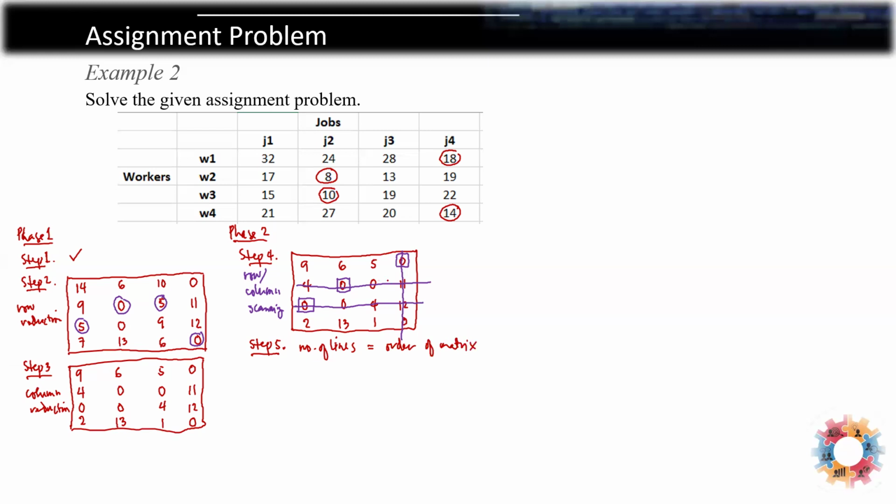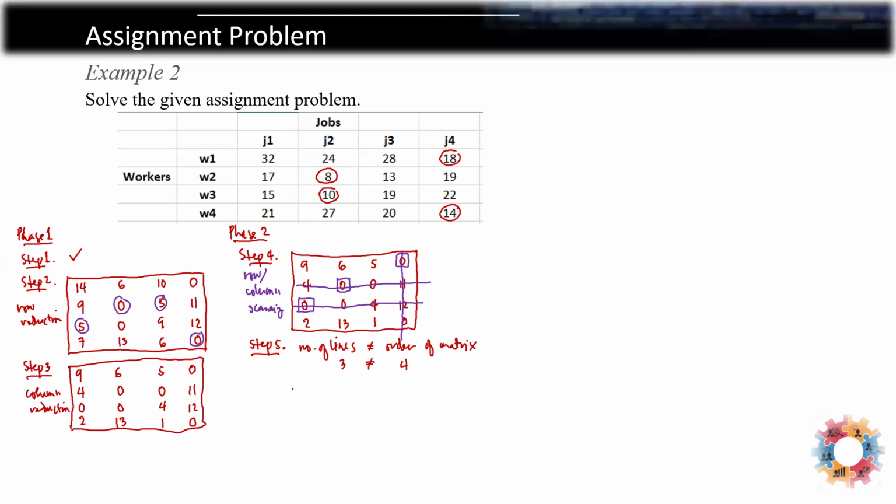Now, how many lines are there? There are only 3 lines, while the order of the matrix is equal to 4, no? Because this is a 4 by 4 matrix, so they're not equal. In other words, the solution is not yet optimal.